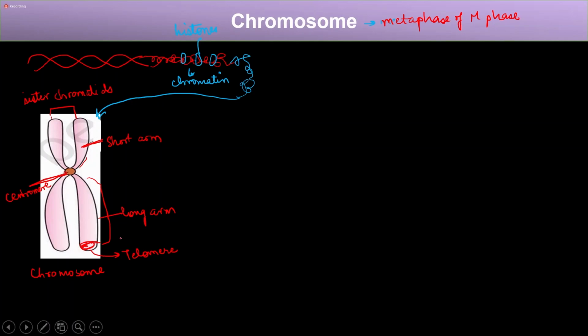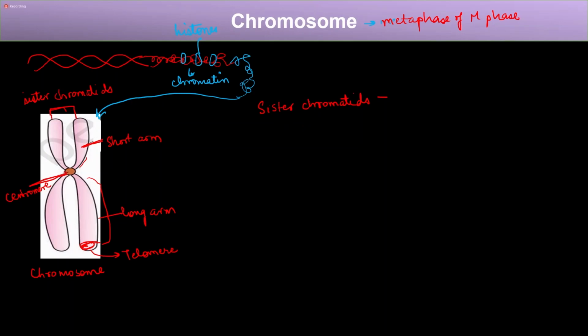Now we'll see what each of these structures means. The first structure is the sister chromatids. The sister chromatids are genetically similar.